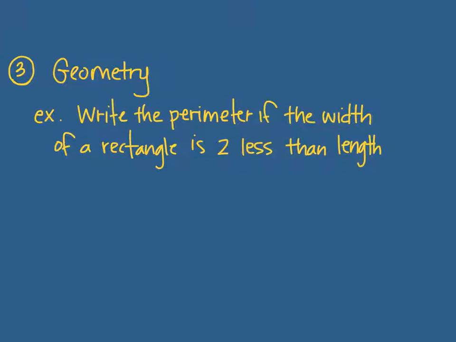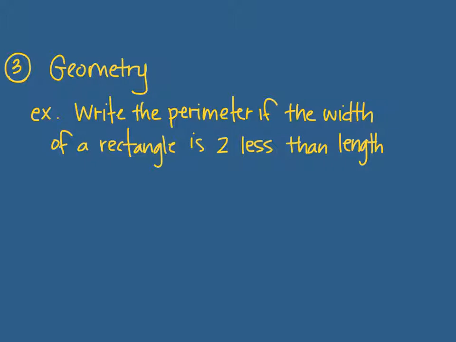Okay, the width of the rectangle is 2 less than the length. One of the mistakes people make here is that they see the first 3 words, write the perimeter, and so they start with trying to write the perimeter instead of actually starting with the length and the width first. Start with those, then write the perimeter last to finish the question.